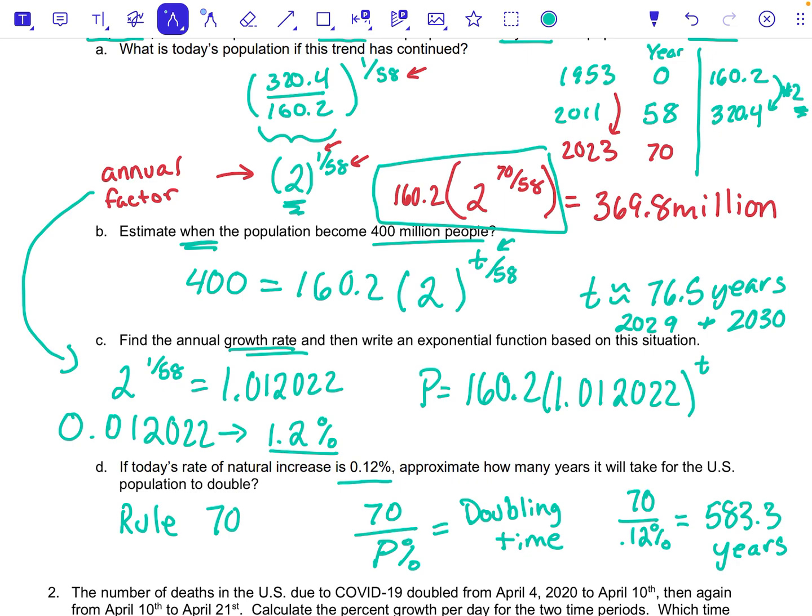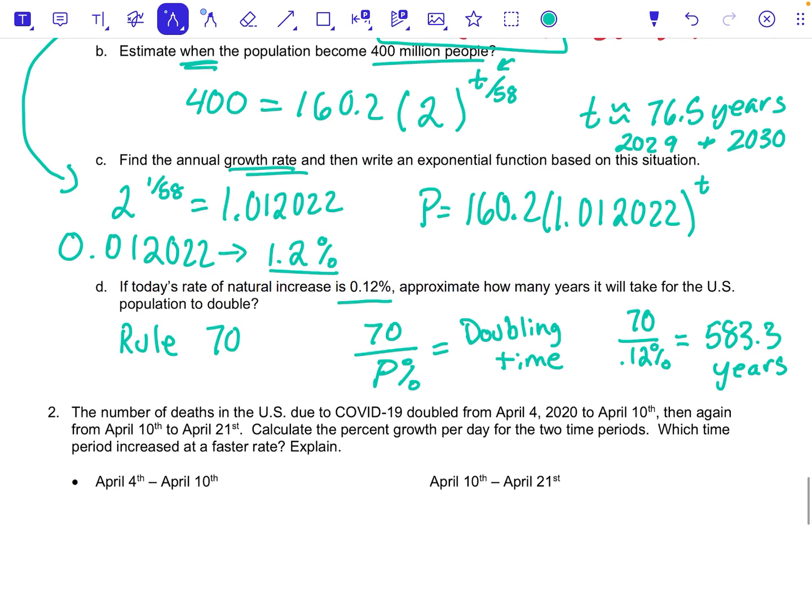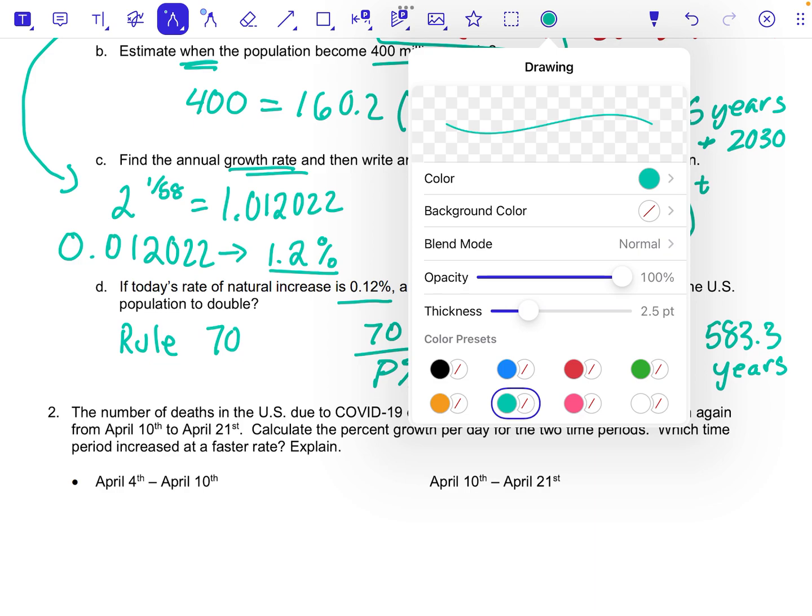We're going to keep with this, looking at rates and figuring out annual growth rates on this next problem. Just doing two comparisons. A little bit of COVID-19 data. So from April 4th, 2020 to April 10th. And I'm going to change colors just to flip things up a little.